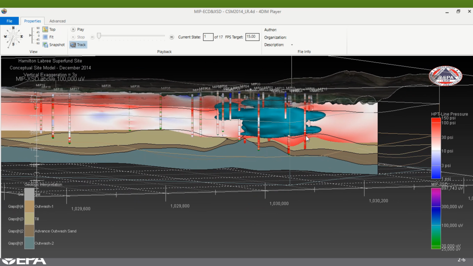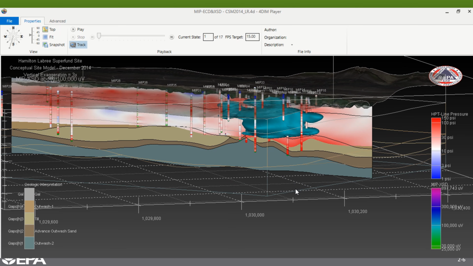The red areas, for example, are where your HPT pressures are very high. You're moving into much tighter material, and we're using that to help us interpret these important geologic features, the glacial till in brown and the outwash there in blue.